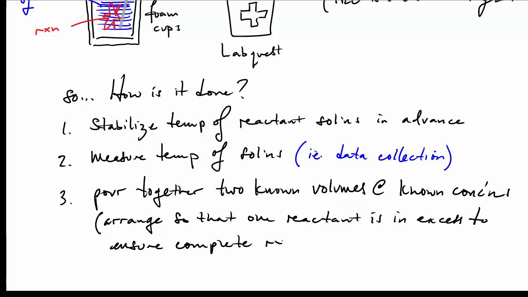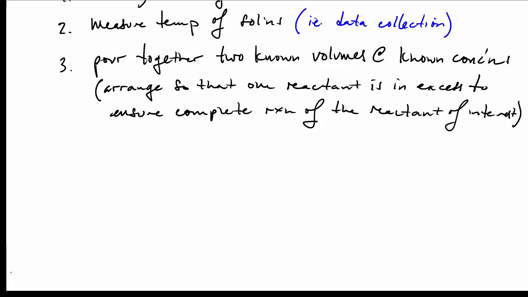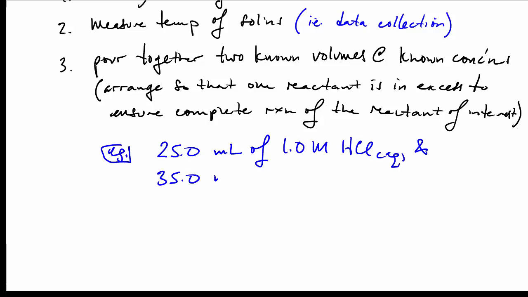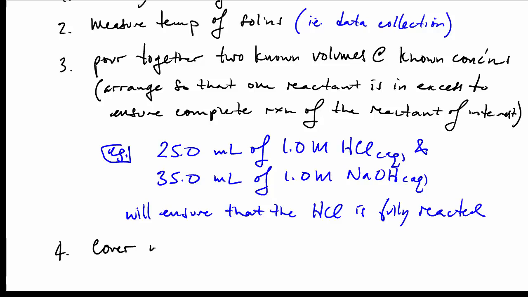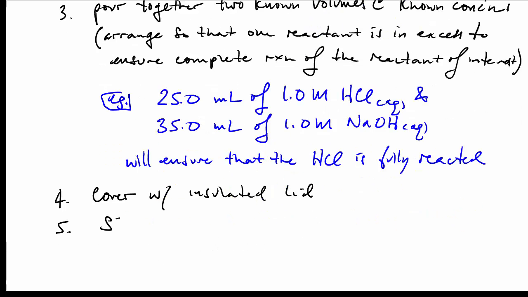So keep one reactant slightly in excess to ensure that the reaction you're interested in is completely reacted. So for example, with 25 mL of 1 molar HCl, you might use 35 mL of 1 molar sodium hydroxide to ensure that the hydrogen chloride, all the hydrochloric acid, was totally reacted. Be sure that you cover the system with an insulated lid and stir gently while monitoring the temperature.